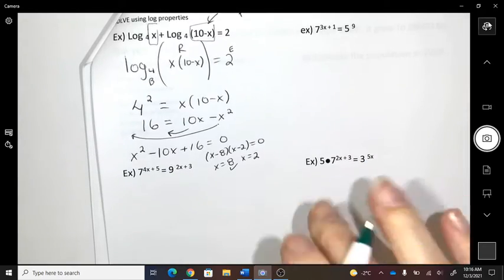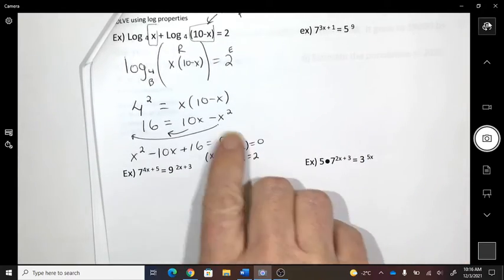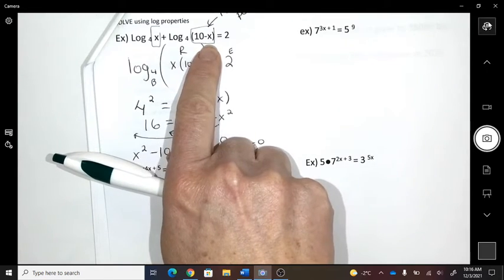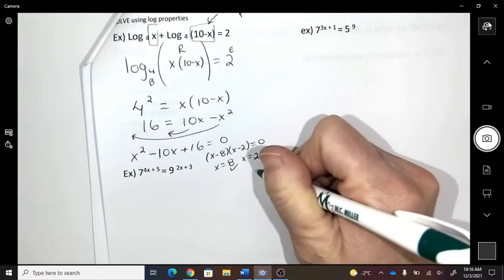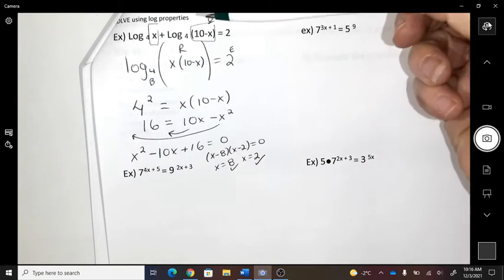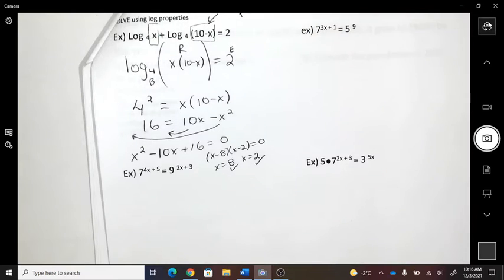So it's good. If x was 2, this would be a 2, and this would be 10 subtract 2, positive. So it's also good. It's okay that it's here. Okay, but you'll see some that don't work out, and that's why. Because this result always has to be positive.